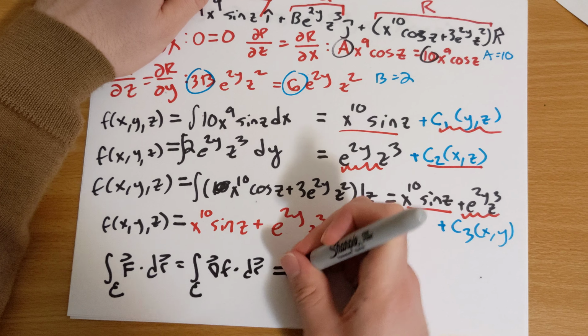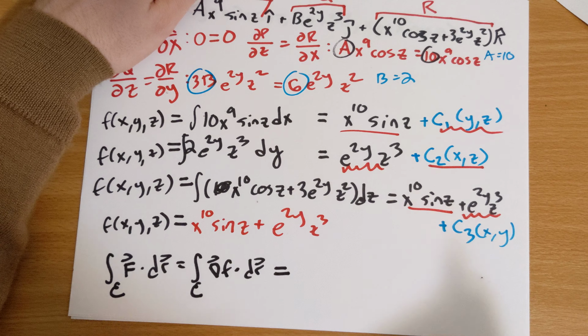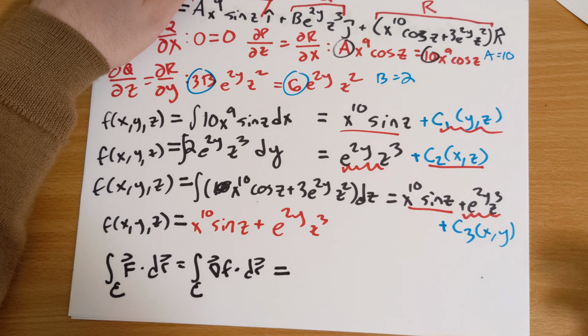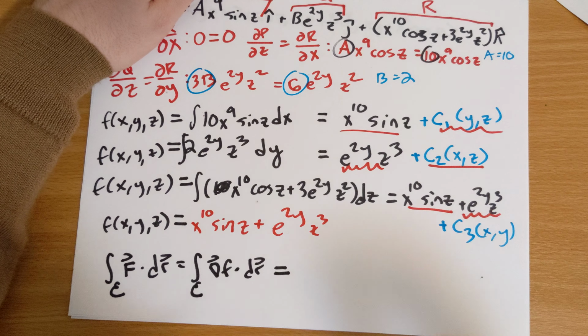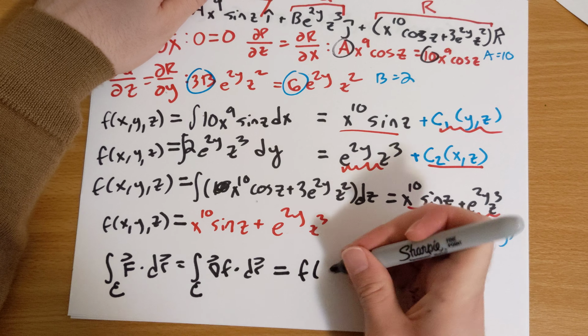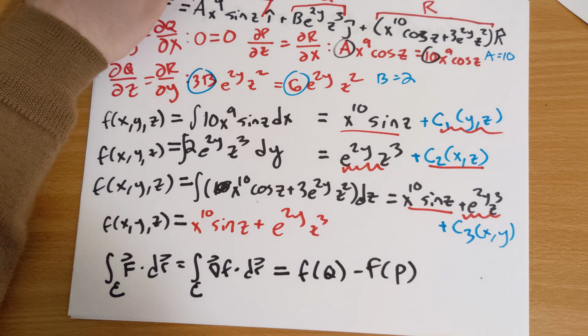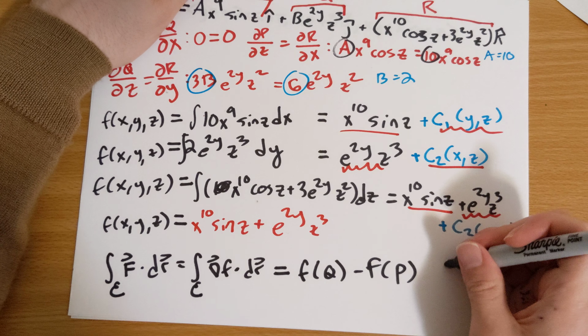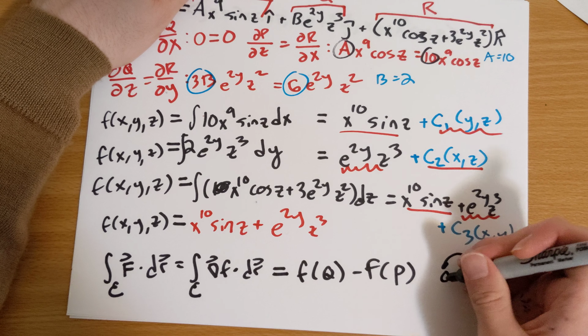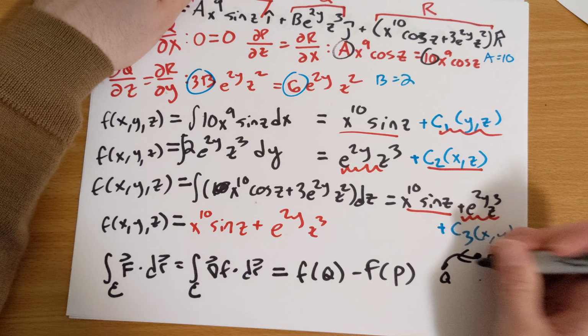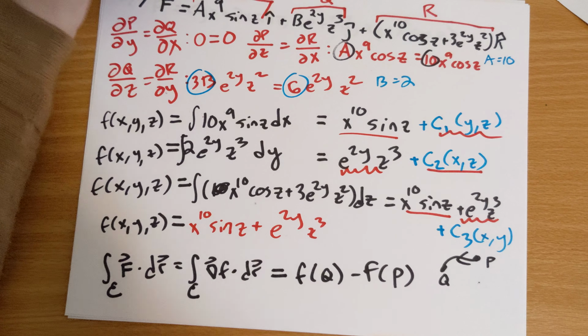So we can write it like this. By the fundamental theorem of calculus for conservative vector fields, this line integral equals f of q minus f of p, where, as stated in the problem, these are the endpoints. So this is q and this is p, so we're going from p to q.